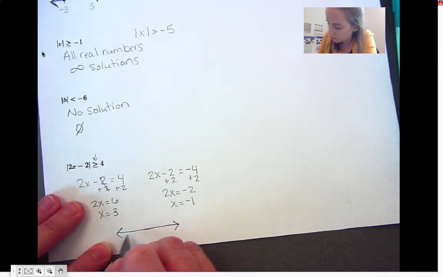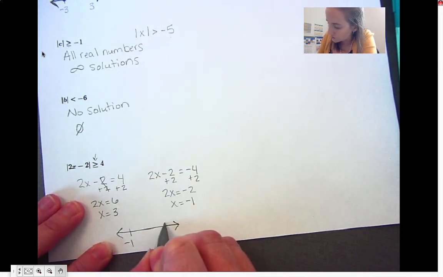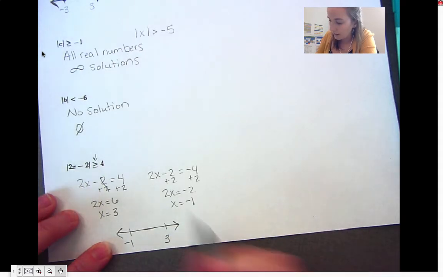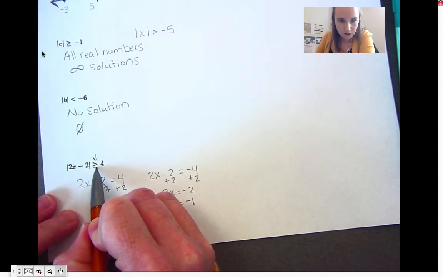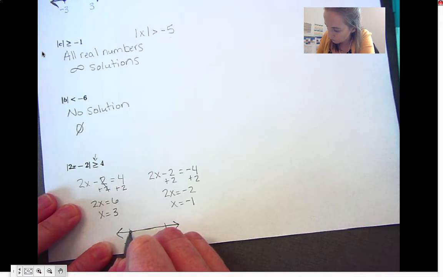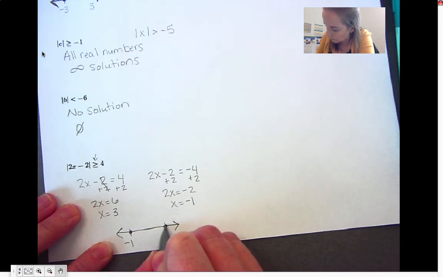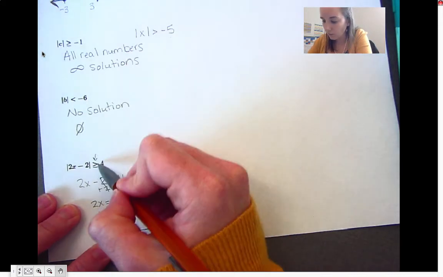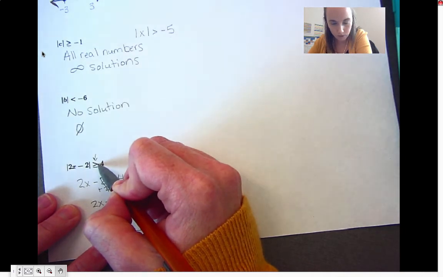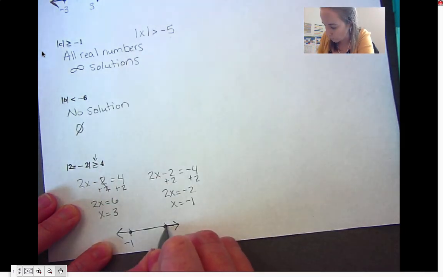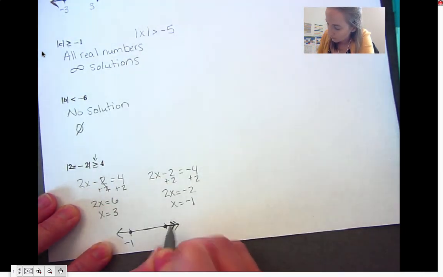So the smallest is negative 1, the largest is 3, and I go back to this symbol and say, okay, it's equal to, so I'm going to do a closed dot. And since I read this as greater than or greater, shade away.